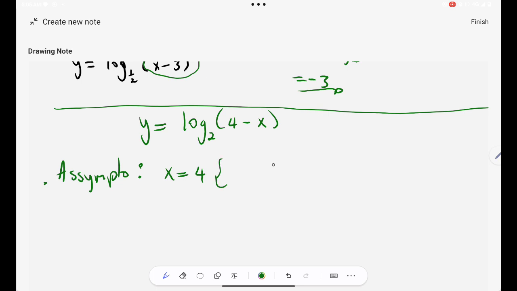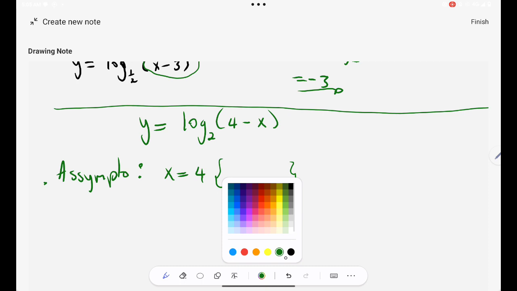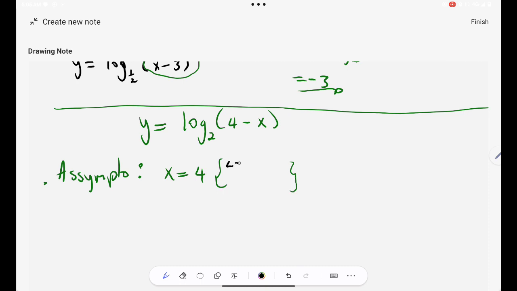Let me write it in black. 4 minus x should not be equal to 0. That means 4 should not be equal to x. I just took the x to the other side. That's how I got my asymptote, ne? If you're struggling, just do this.